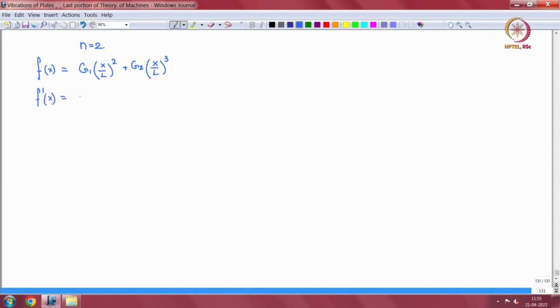F dash is twice G1 x by L squared plus 3 G2 x squared by L cubed. F double dash is twice G1 by L squared plus 6 G2 x by L cubed.